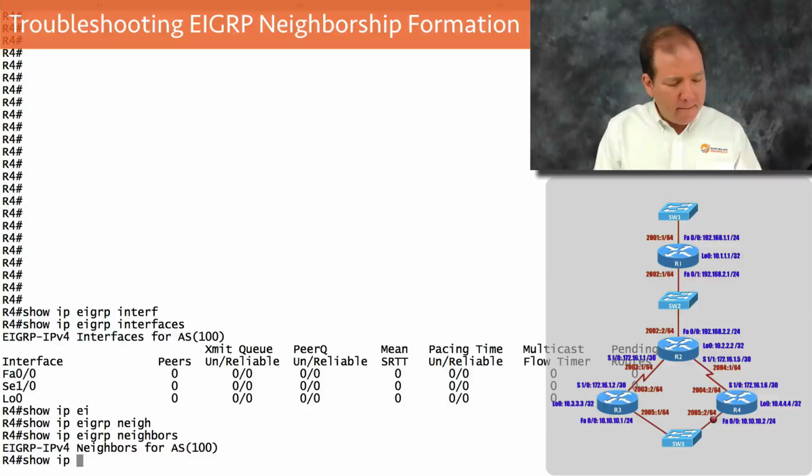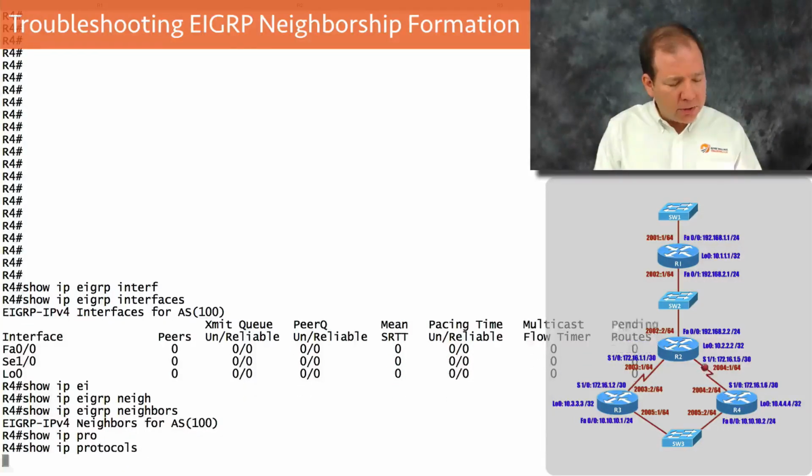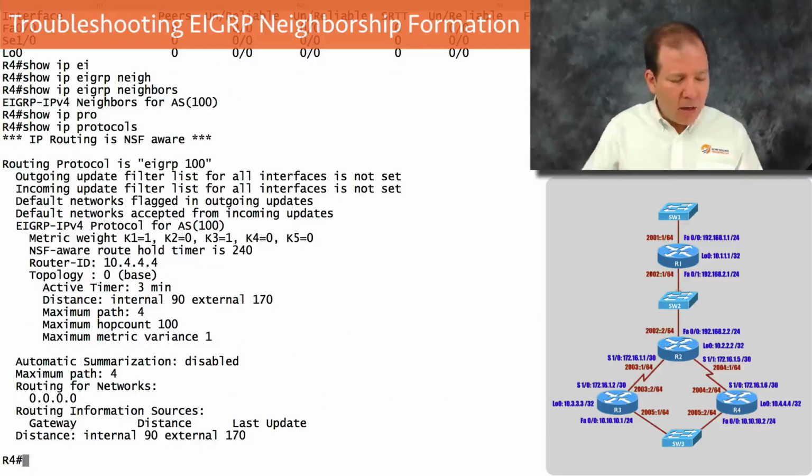Show IP protocols. Notice it says I'm routing for this network, 0.0.0.0. Do I have an incorrect network statement? Now remember, the network statement is often misunderstood. The network statement is not saying advertise this network via EIGRP.